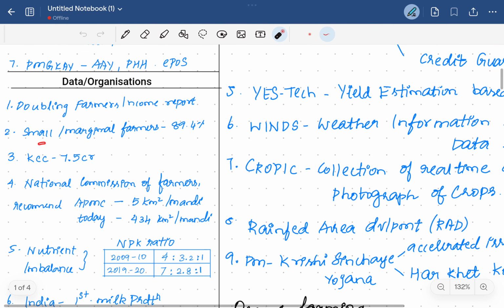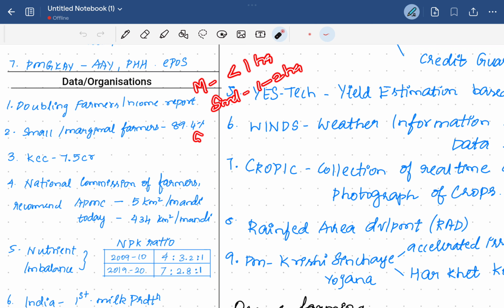Then the small and marginal farmers in India comprise around 89.4%. Here we have to recall the criteria for marginal and small farmers. Marginal farmers are those who have less than 1 hectare. Small farmers have 1 to 2 hectares. Semi-medium farmers have 2 to 4 hectares.